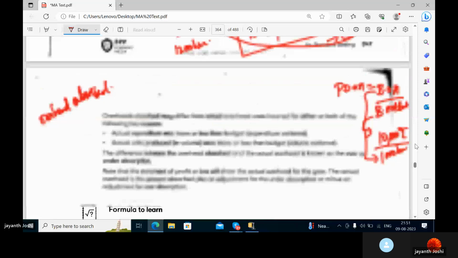If the absorbed overhead is more than the actual overheads, it is over absorption. That means more cost you are incurring here. And vice versa, if your absorbed overhead is less than actual overhead, it is under absorption, right? Next.